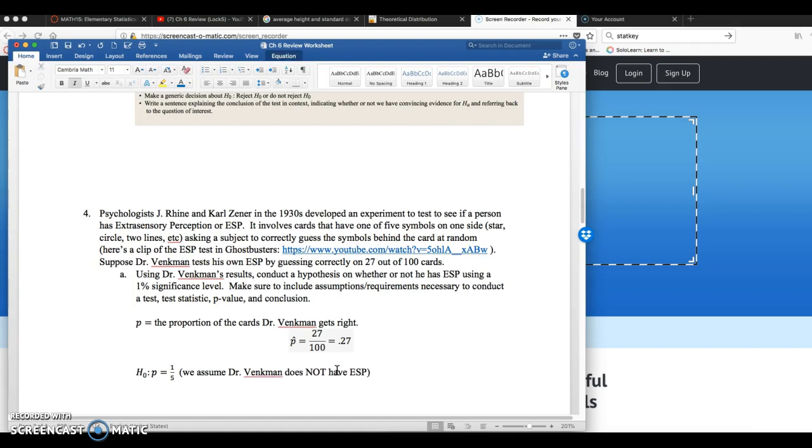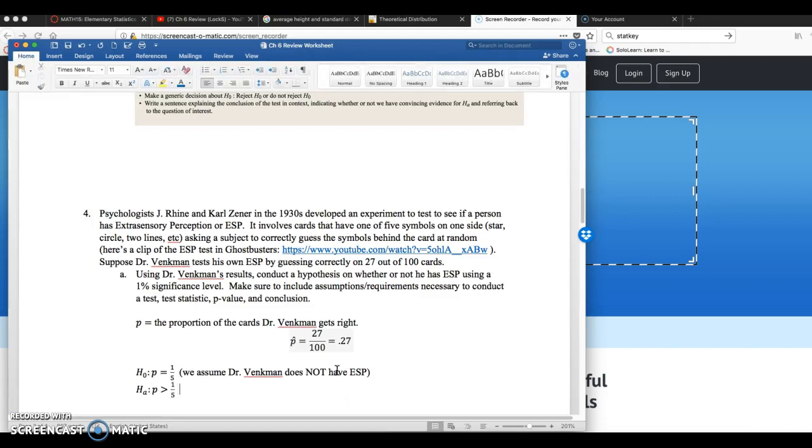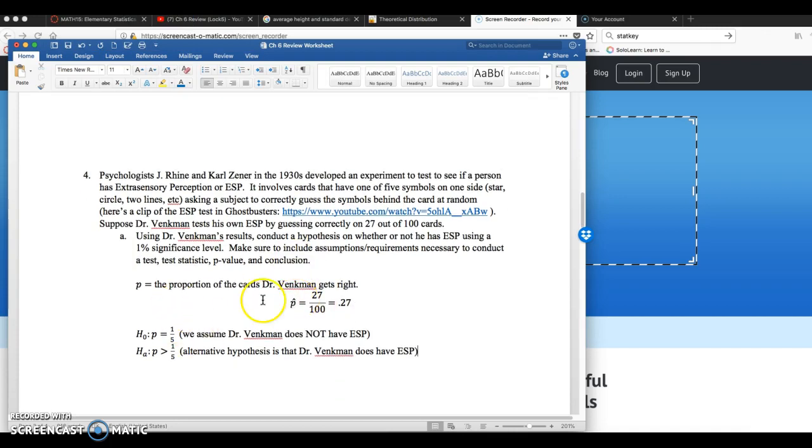That is the null hypothesis. The alternative hypothesis is that Dr. Venkman does have ESP and he should get greater than 1/5. He does have some special powers.